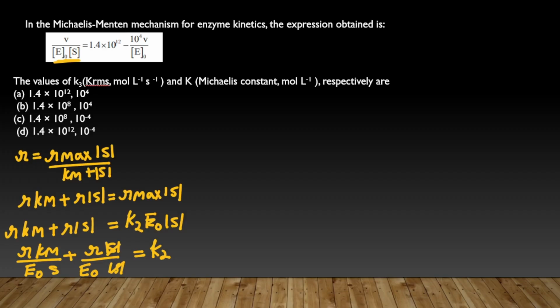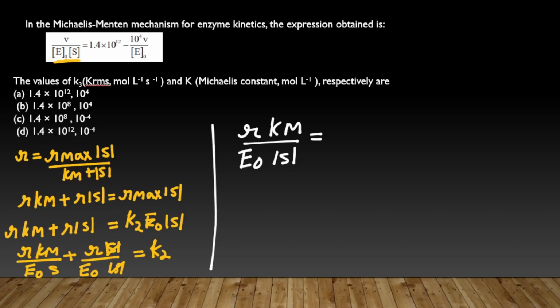So if you compare this, now Km you can bring in the denominator, or we can say R into Km upon E naught into S is equal to K2 minus R upon E naught value. So this we are getting.